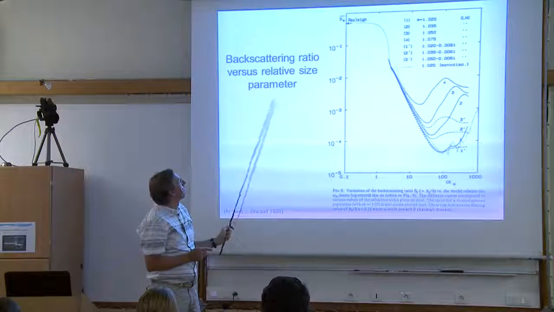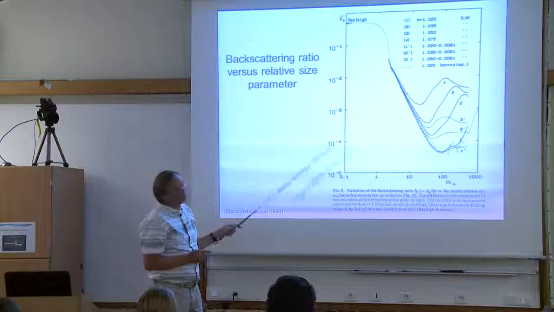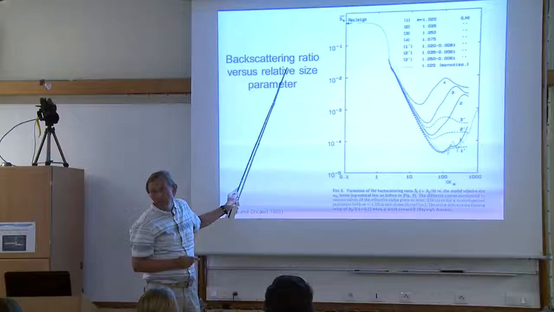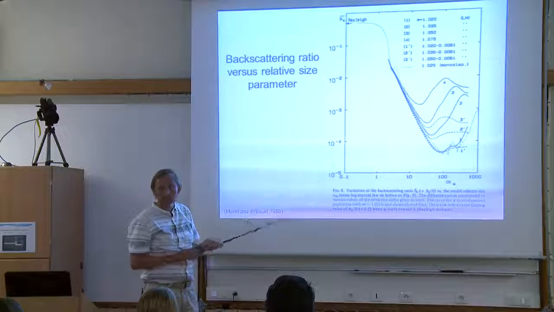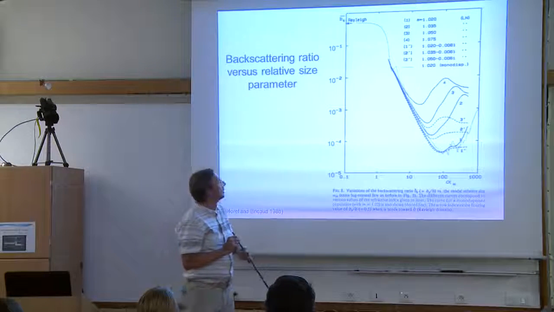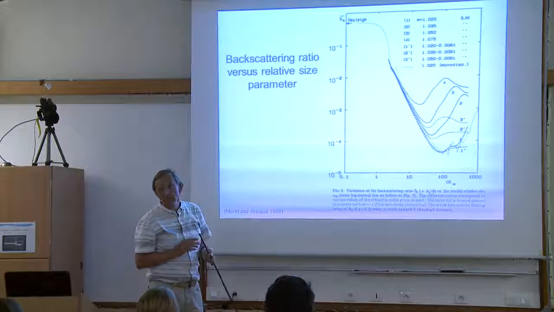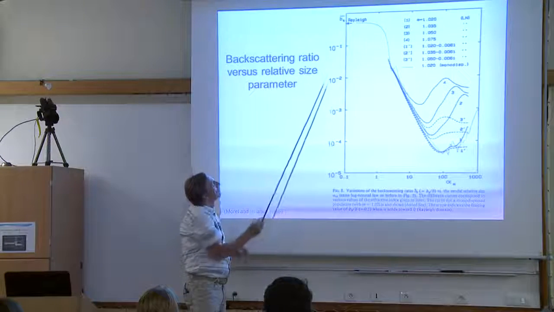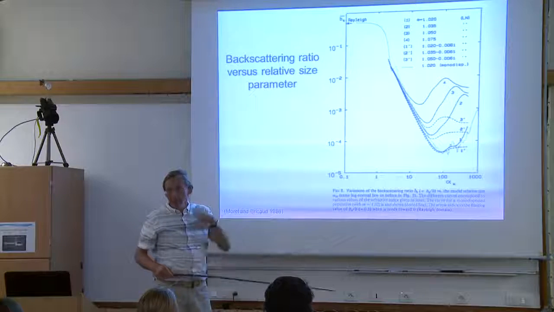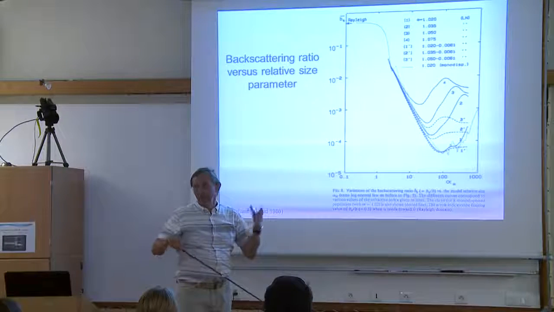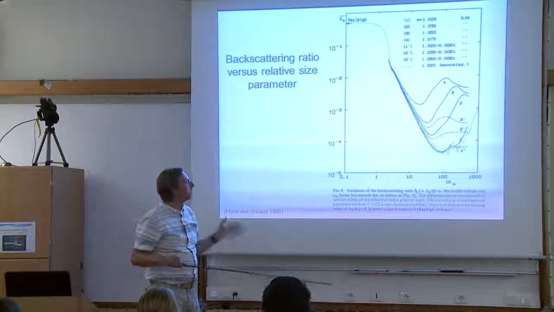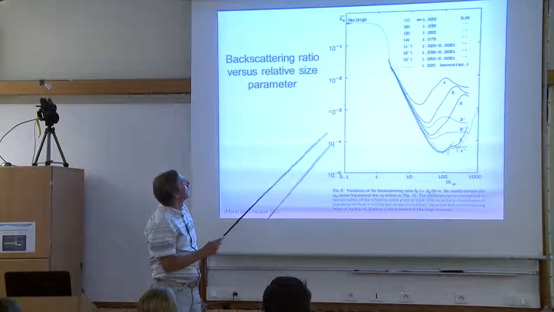And in some papers, the term backscattering efficiency is used to indicate backscattering ratio. So there may be some confusion. I would say it's better to avoid naming this quantity efficiency, because efficiency is really efficiency. It's the backscattered power divided by the power incident on the projected area of the particle.